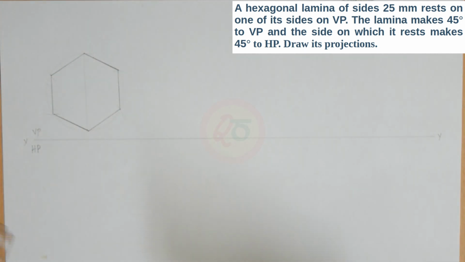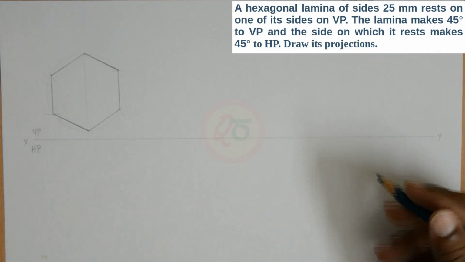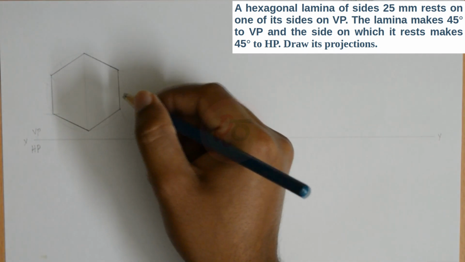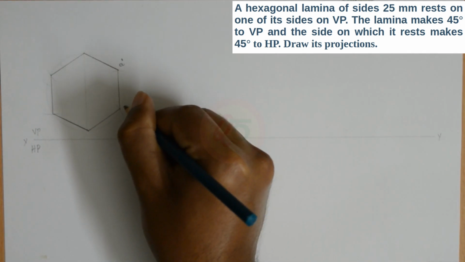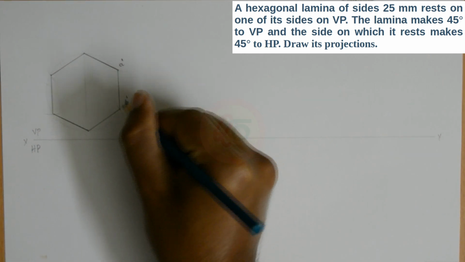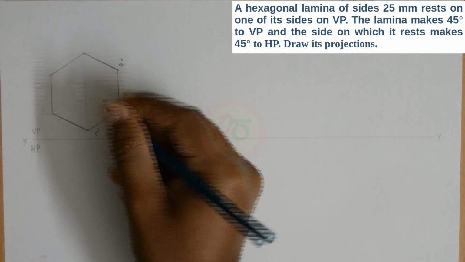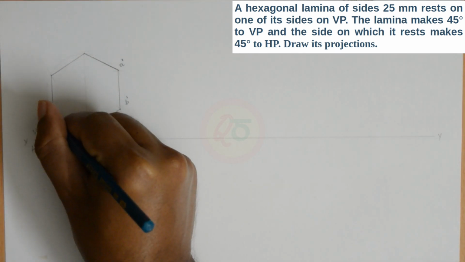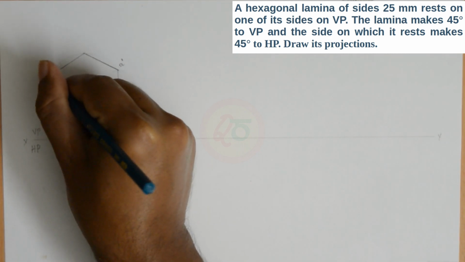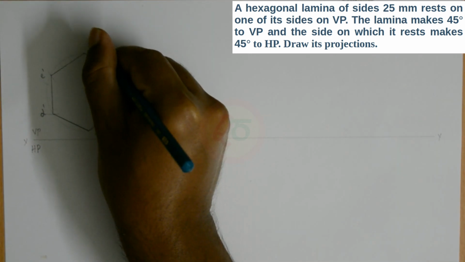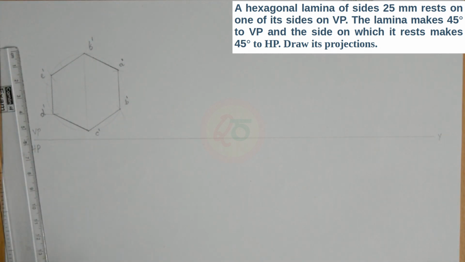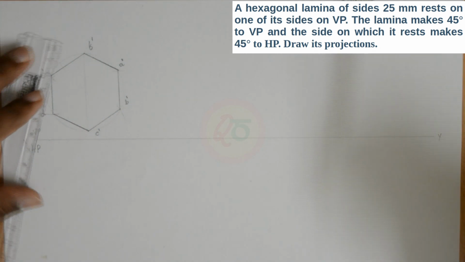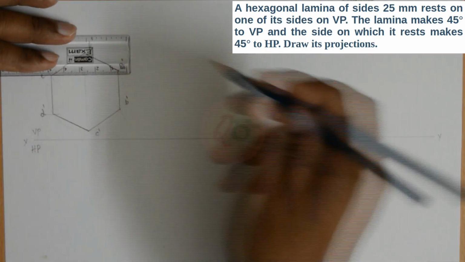This completes your hexagon. Side resting condition, naming them A dash, this should be B dash, this is C dash, D dash, E dash, and this will be F dash. This completes the hexagon resting on the VP on one of its sides.